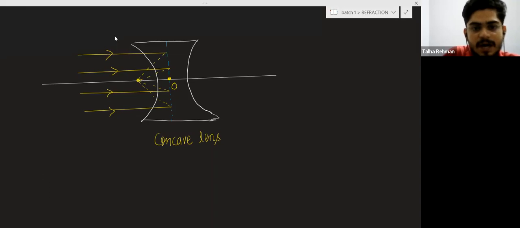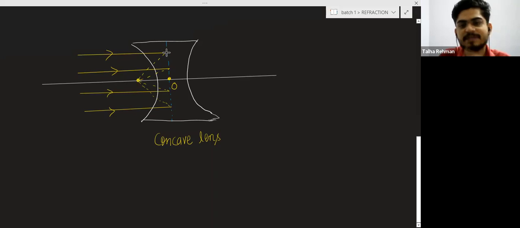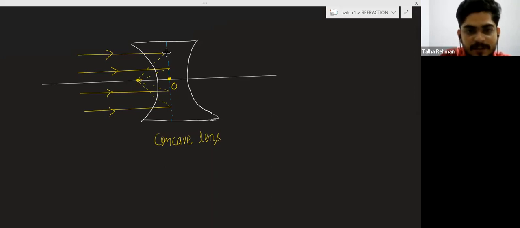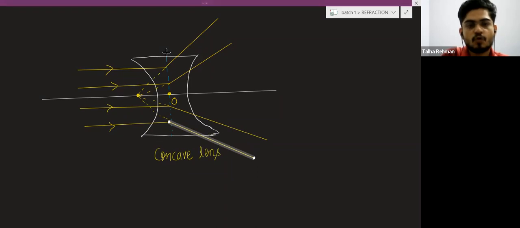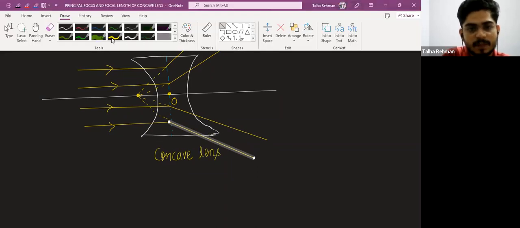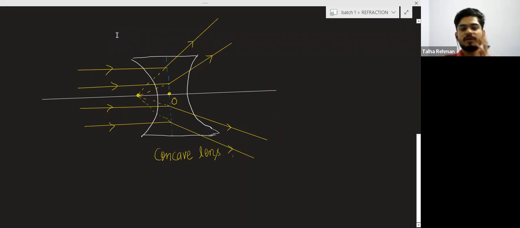After passing through this lens, after the refraction, these rays will go like this.